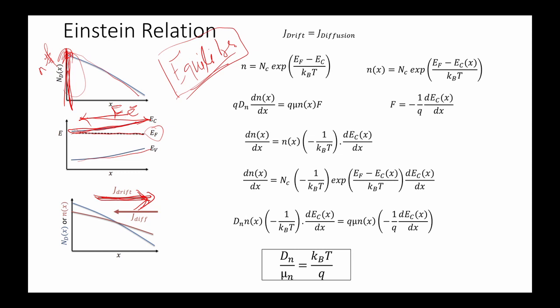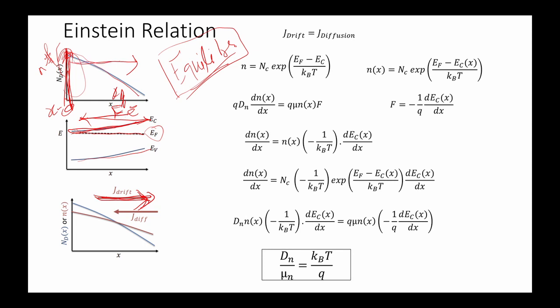And another thing is the diffusion current. Electrons will move from the higher concentration regime to the lower concentration regime. Let us say this is x equal to 0; from x equal to 0 to x equal to x1, electrons move in this direction, opposite to the drift.